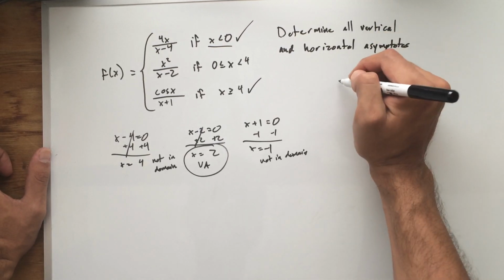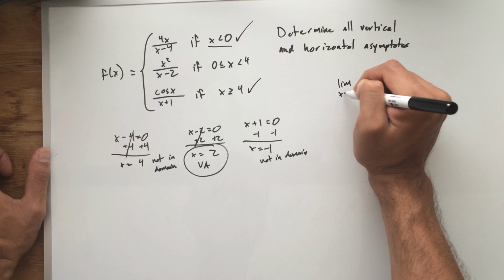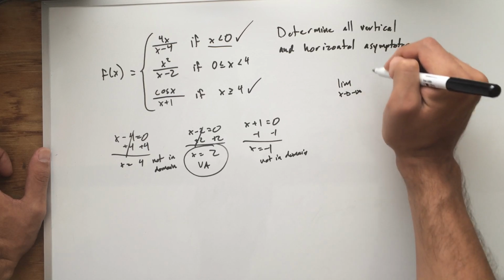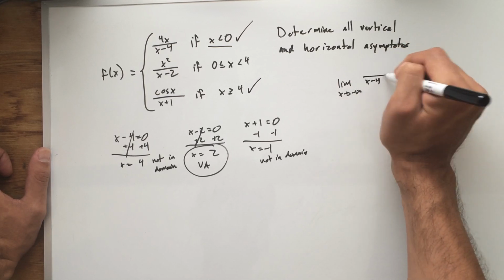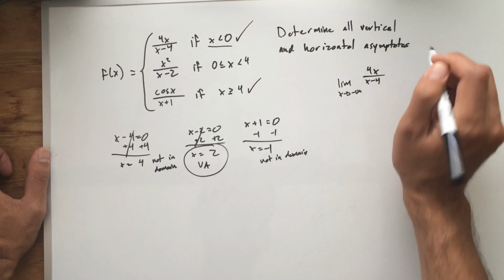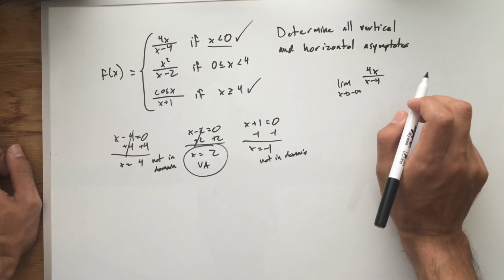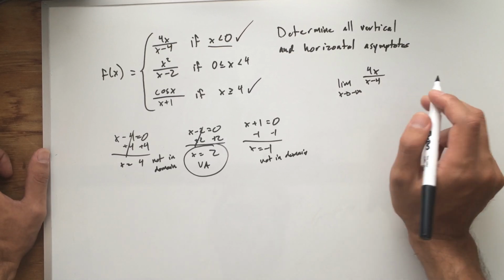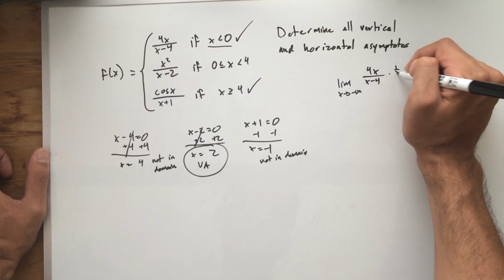So we have the limit as x approaches negative infinity of 4x divided by x minus 4. So here multiply top and bottom by 1 over x.